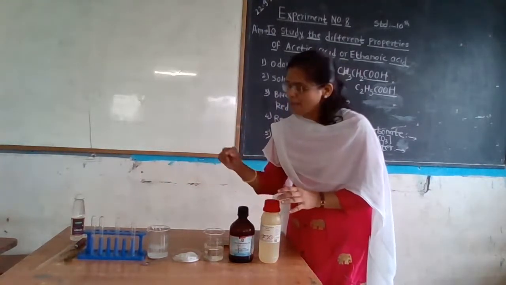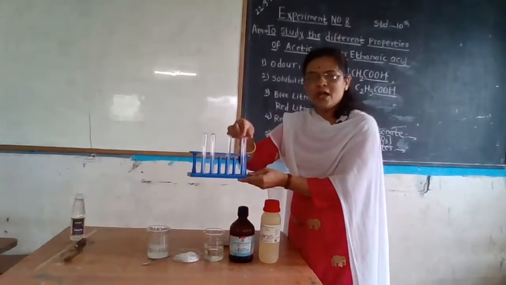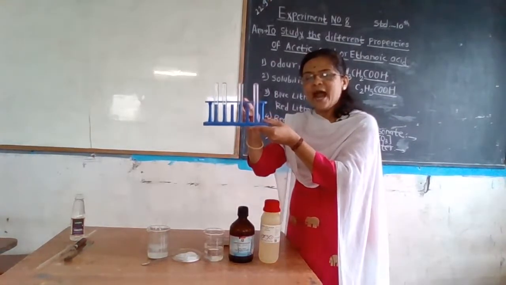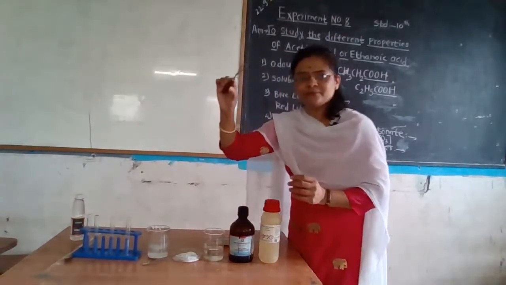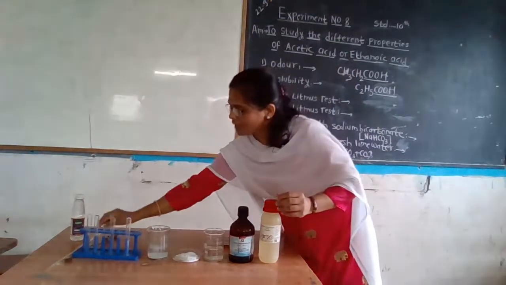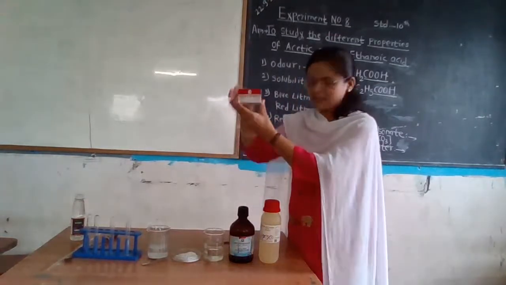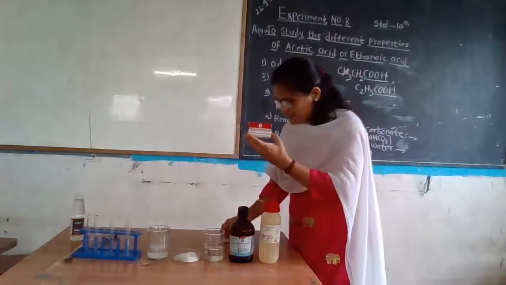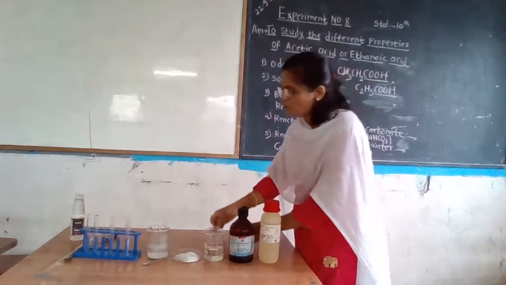The requirements are a test tube stand, dry test tubes, a test tube holder, and litmus papers, blue litmus paper and red litmus paper. For the litmus test, litmus is used.